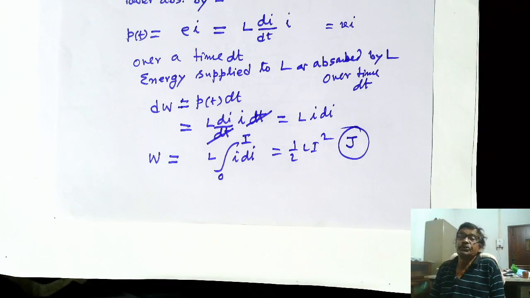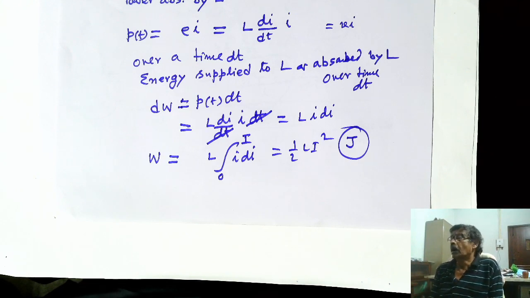The amount of energy stored in an inductor is half L i square. If it is carrying 2 ampere current and it is 2 henry inductance, I will tell you right now the energy stored is half into 2 into 2 square. If you know the value of the current at any given instant of time, you know how much energy right now it is storing. That's all.